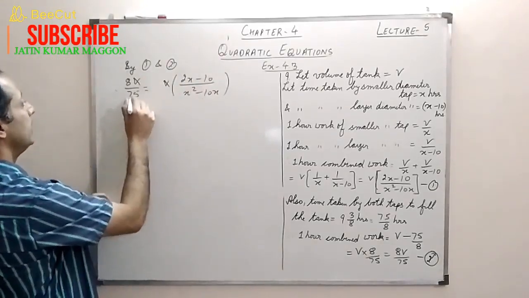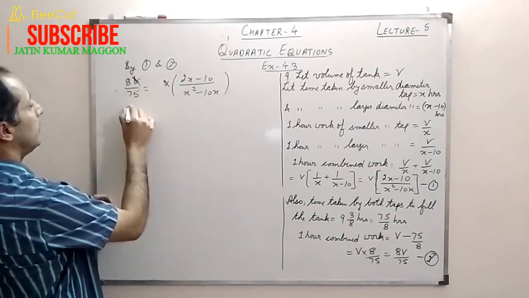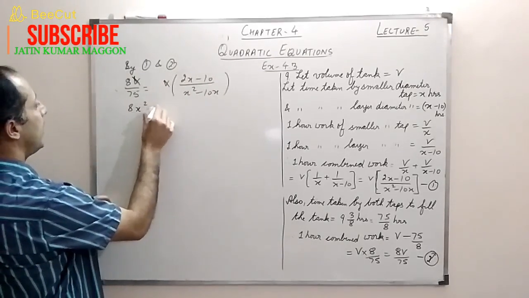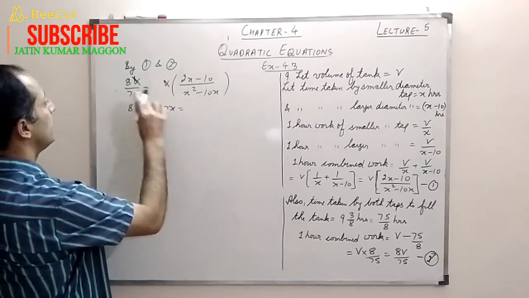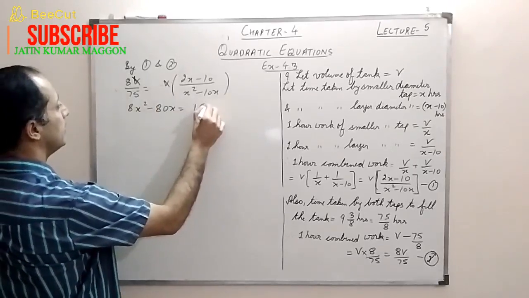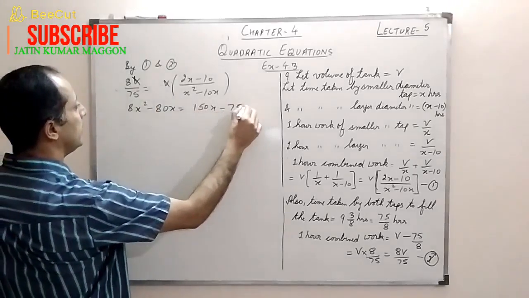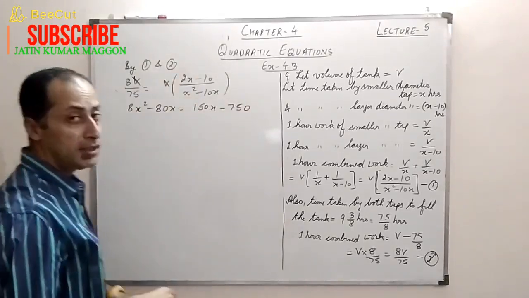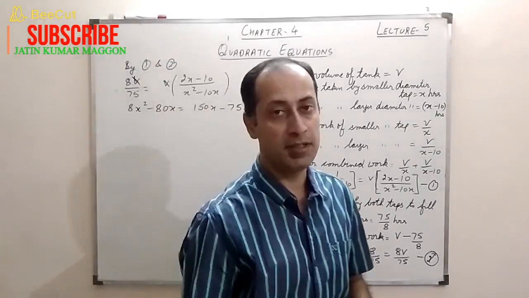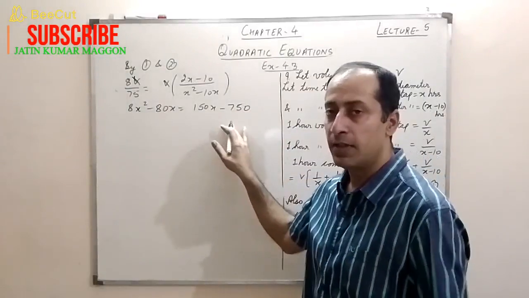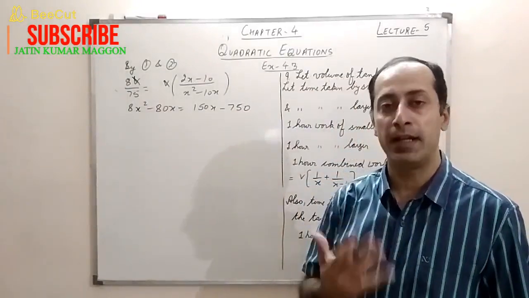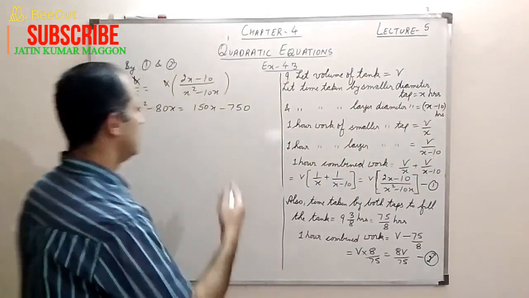So when I multiply, what I get is 8x square minus 80x equals 150x minus 750. Then I shift both the terms from the right side towards the left side, and when I shift there is nothing left, and when there is nothing we write 0 in that case.